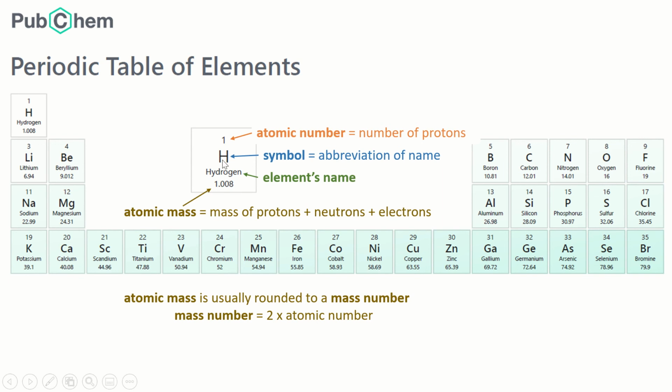The letter is the symbol. That's the abbreviation of the name. Notice that some of these symbols are 2 letters, and it's very important that you capitalize these correctly. Notice that a 2-letter symbol is always the first letter capitalized and the second letter not capitalized.